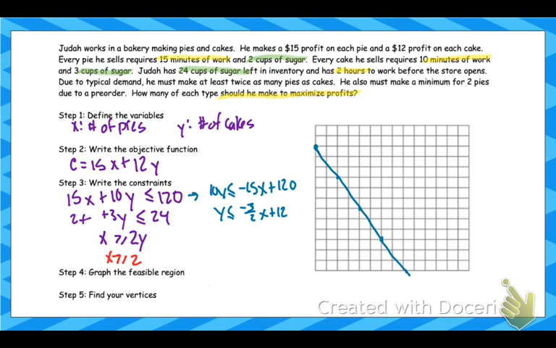All right, the next one, again, we'll go ahead and solve for y there. So I'll do that one over here. 3y is less than or equal to negative 2x plus 24, divided by 3. So y is less than or equal to negative 2/3 x plus 8.